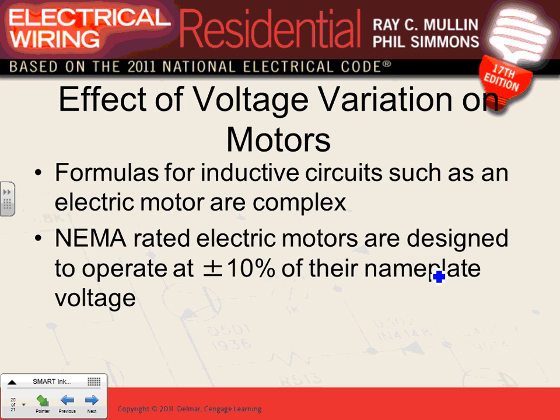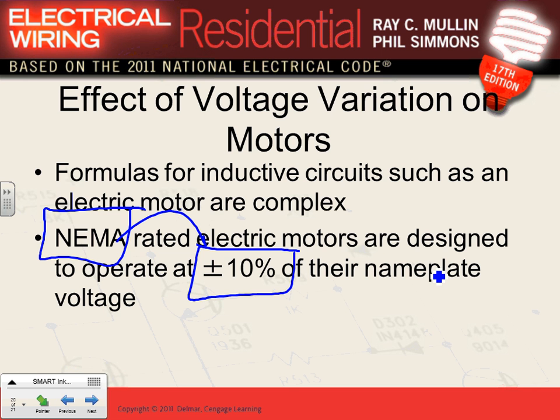Okay, a couple of things here about voltage variation. This is on any system. I want you guys to remember this one little thing. Here's what NEMA assumes: that your equipment can function properly based on plus or minus 10%. So take this area.